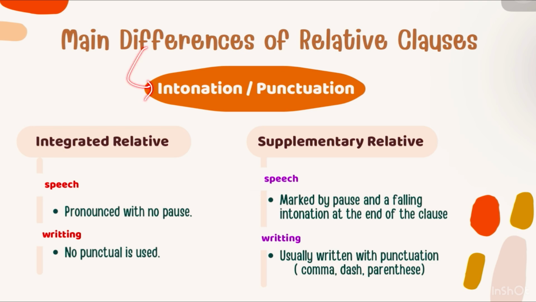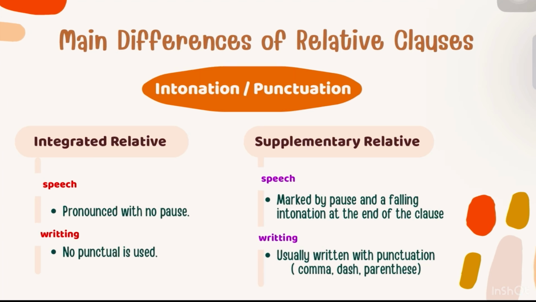The first one is intonation and punctuation. Integrated relative clauses are part of the sentence, so when we speak, there is no pause. On the other hand, supplementary, because it's just additional information, when we speak, we will use a little pause and end with a falling intonation.